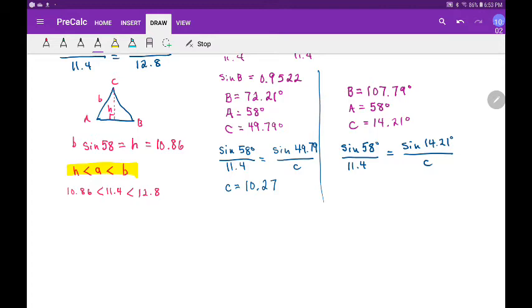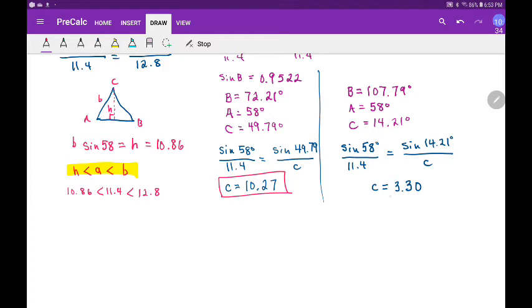That's about 2.798. And then I'm going to divide that by the sine of 58 to get C. So when I do that, C is equal to, well, it just rounds up to 3.30. Okay, so that makes sense. Smaller angle, smaller side.